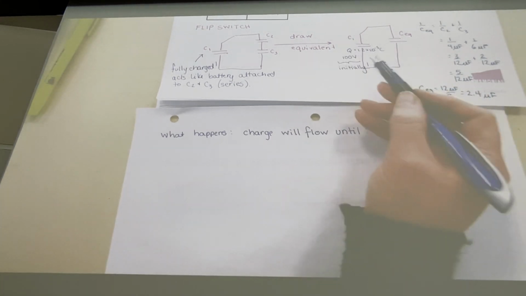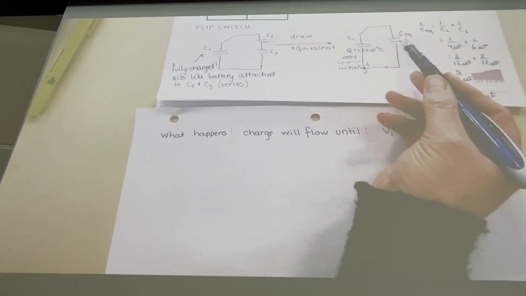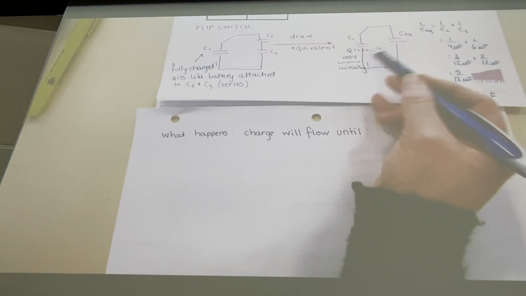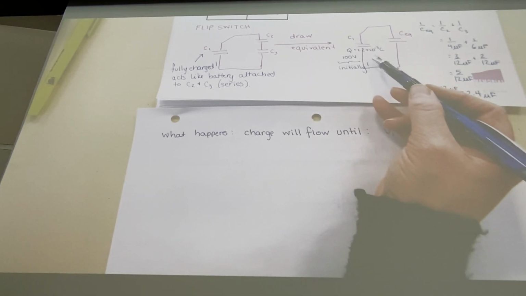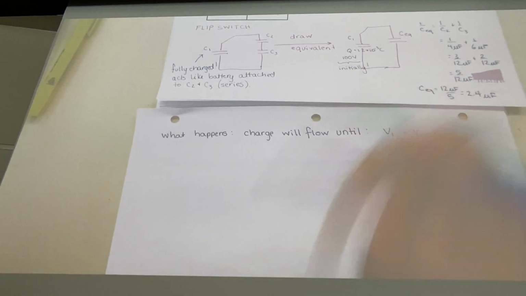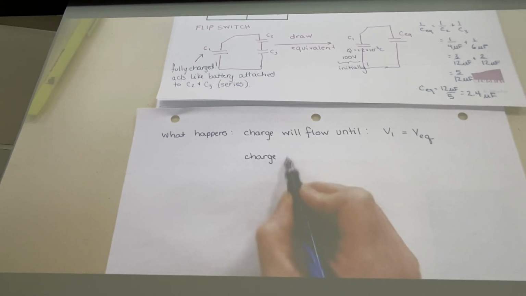The next thing we know is that charge has to be conserved. Some charge is going to leave here and go over here, but the same total amount of charge is going to exist. So the total amount of charge still has to be 1.2 times 10 to the minus 3 coulombs, right? No matter how it divvies itself up, we can't change the total charge. So we'll say charge is conserved.